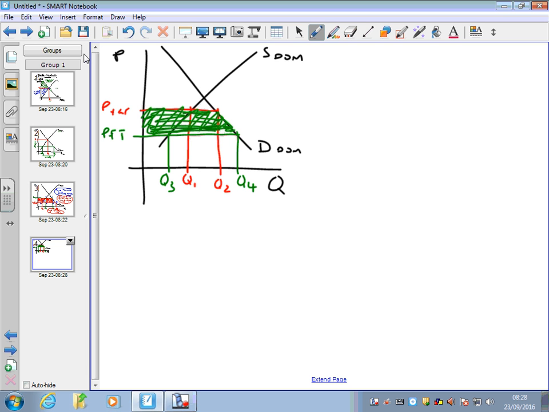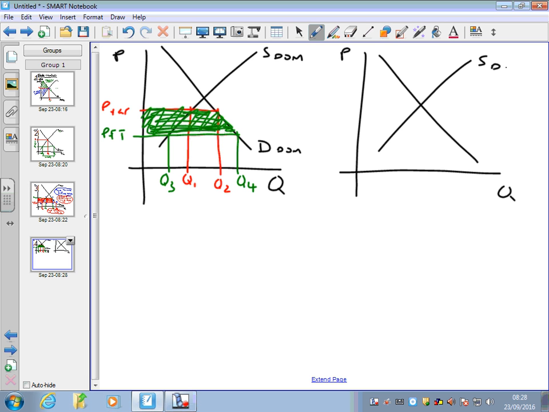But it doesn't mean that's the overall benefit for society, because, let's draw this again. So supply domestic, demand domestic. We have the price with the tariff. So domestic supply Q1, domestic demand Q2.